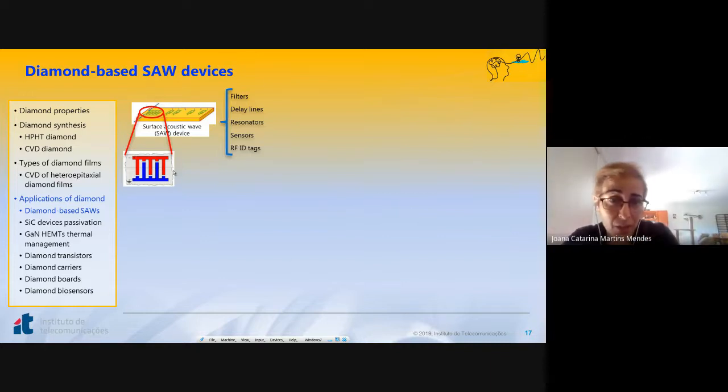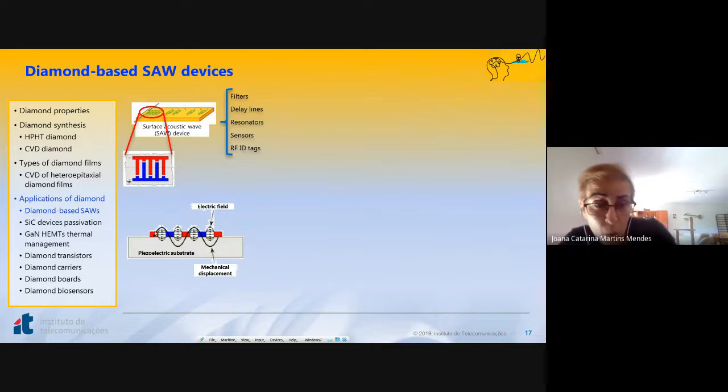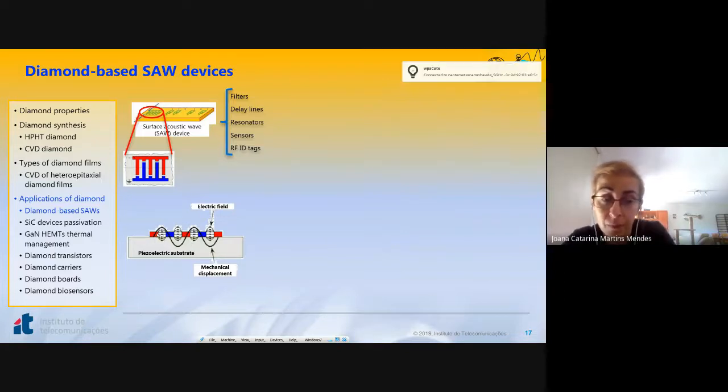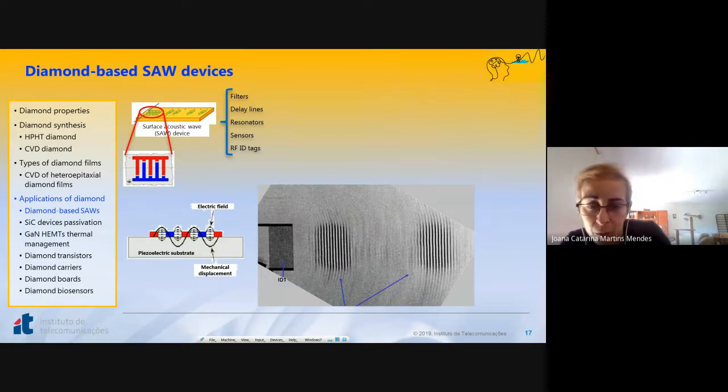They are a piezoelectric slab with an interdigitated transducer, and when you drive this IDT with an alternating voltage, you create an alternating field that creates a mechanical displacement because you have a piezoelectric substrate. And under resonance conditions, that is, if you match the frequency of the interrogating signal and the spatial dimensions of the IDT, you generate a wavefront that propagates all over the piezoelectric substrate.